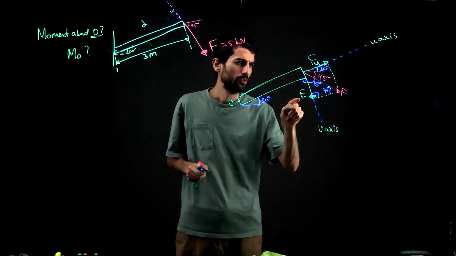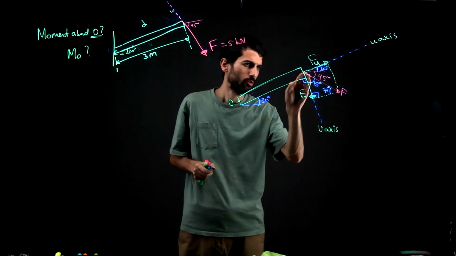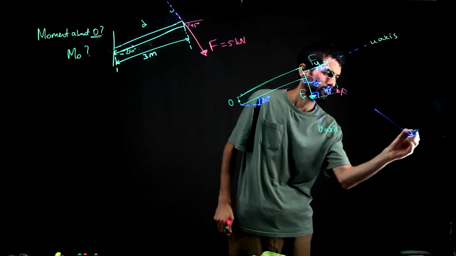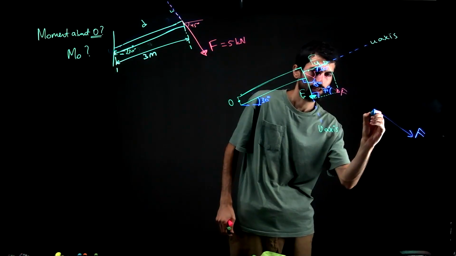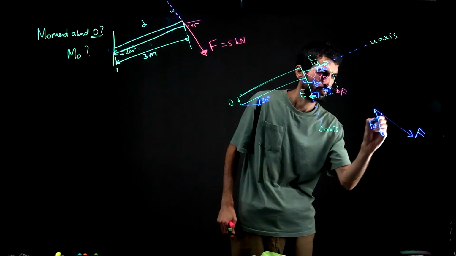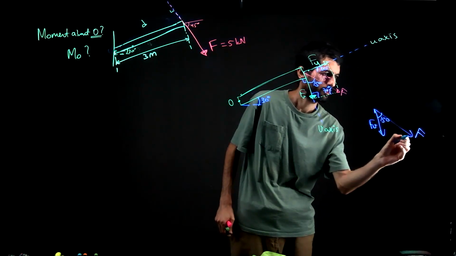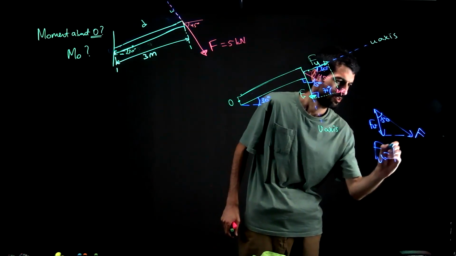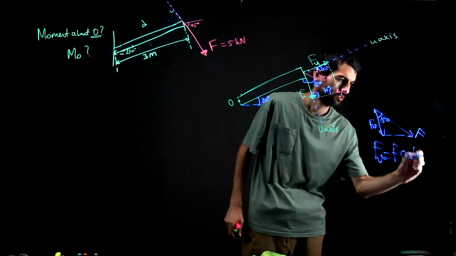So Fv will be the adjacent side of this triangle. If I show it here one more time, this is the force F. It has a component which is Fv, and that makes 15 degrees. Okay, and this Fv will be F cosine 15 degrees.